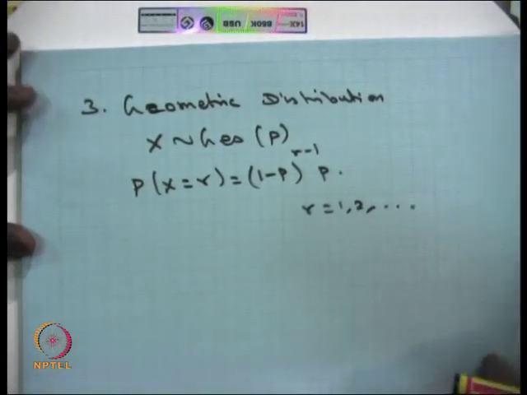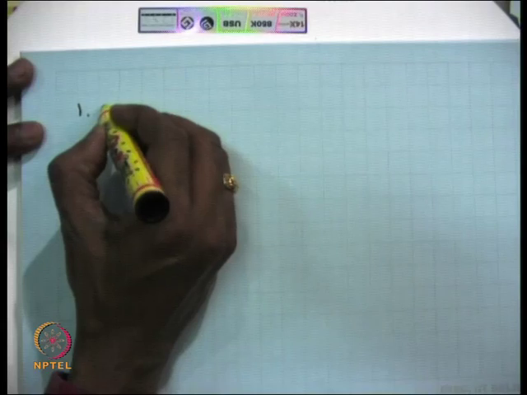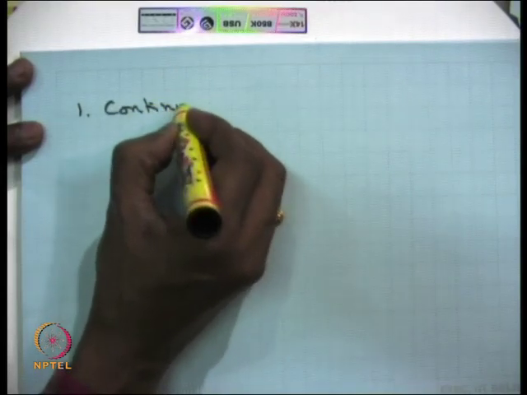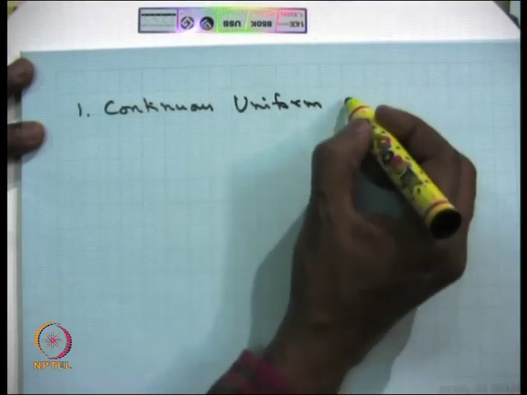Next, we are moving into the continuous random variables. The first one is the continuous uniform distribution.